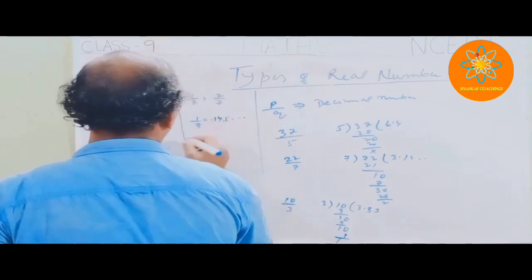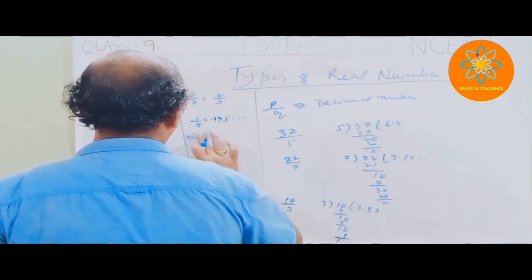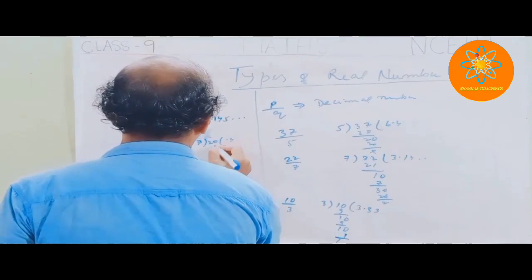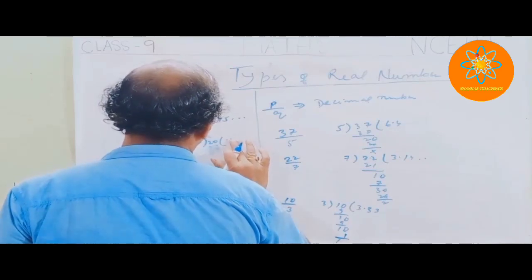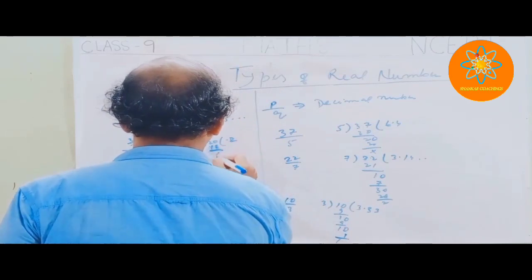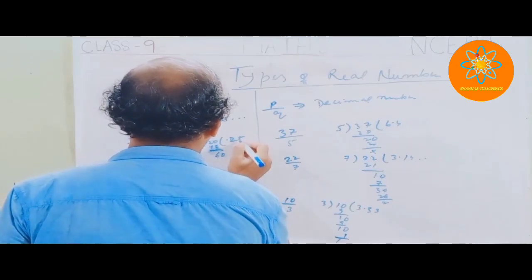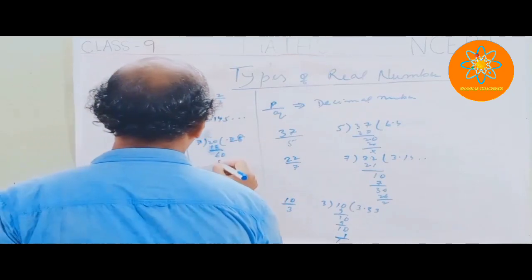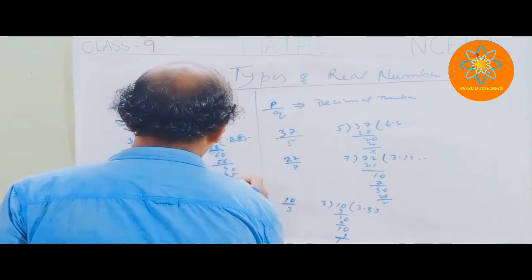Similarly for 2 by 7. So 2 by 7 is how much? 7 divided by 2, 0.0740. 7 to 14, and 6, 0, 7 5 7, 5 7 5, 8 7, 56, and 4 5, 35 and 5 and so on.